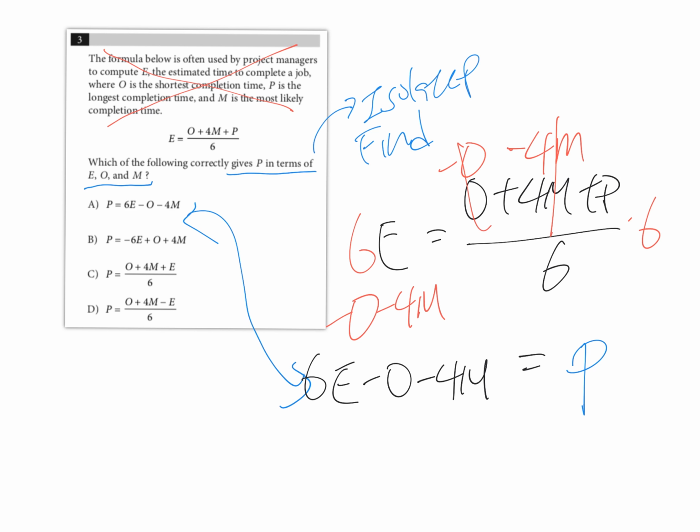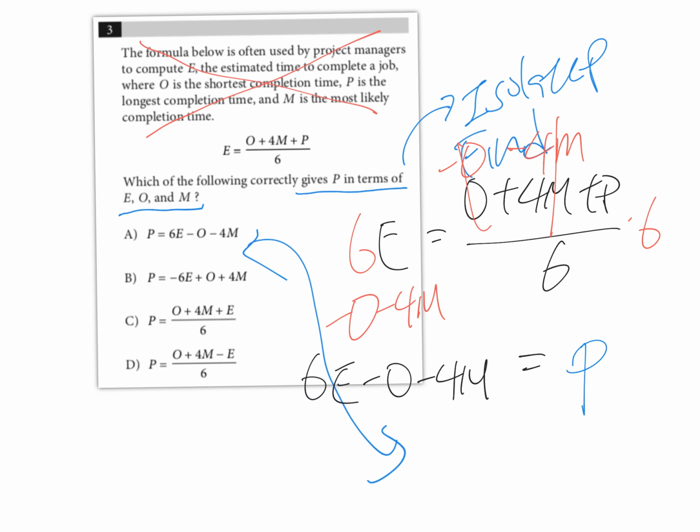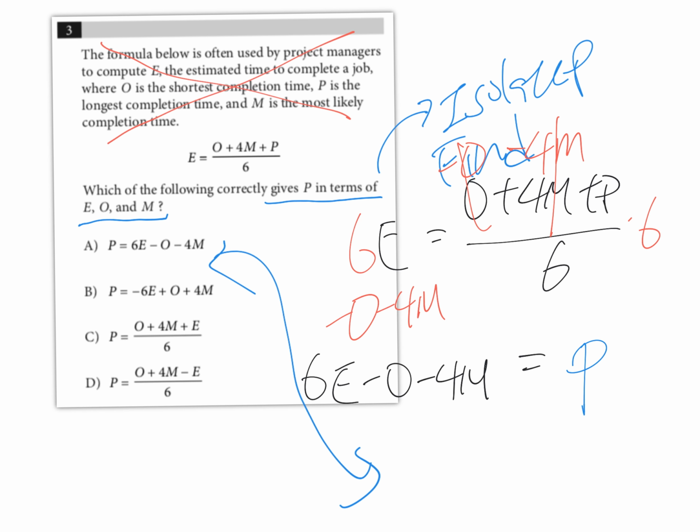Another way to think about this problem is, if I know that I need to isolate P, and I'm looking at my 4 answer choices, I see a negative O on A, and positive O in B, C, and D. Looking back up at the problem, if I want P by itself, I know that O has to be on the other side.